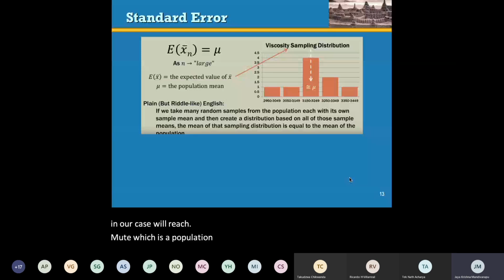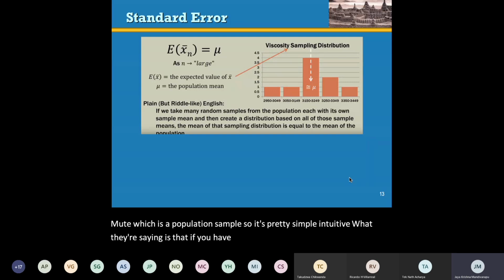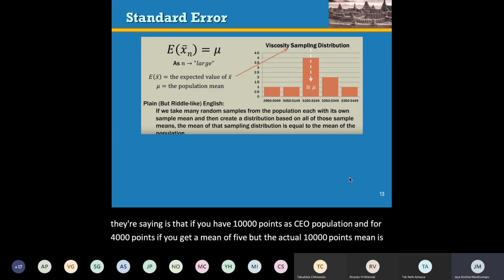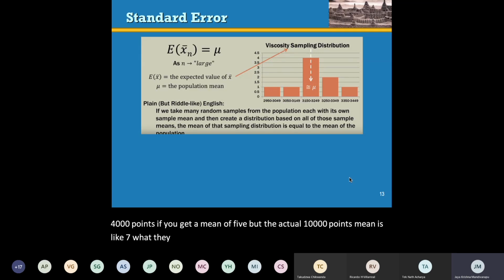Intuitively, what they are saying is that if you have 10,000 points as a population, and for 4,000 points you get a mean of 5, but the actual mean of the 10,000 points is 7. If you increase from 4,000 to 6,000 points, your mean will increase to 5.5.